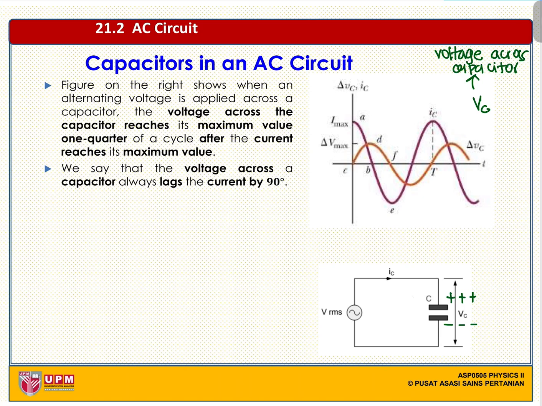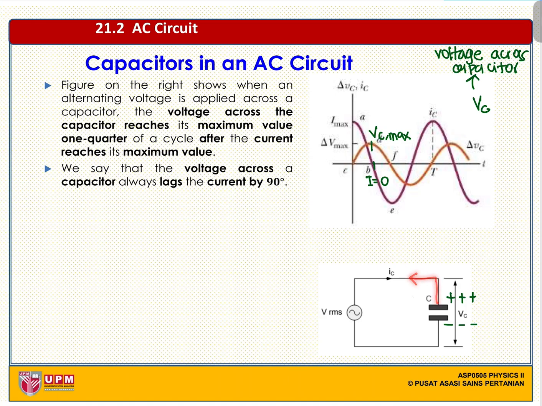Your current will decrease because, firstly, the voltage across the capacitor increases, and secondly, because of the AC source. When the voltage across the capacitor increases, the current will decrease. So when your VC is at VC max here, your current will be equal to 0. Right?